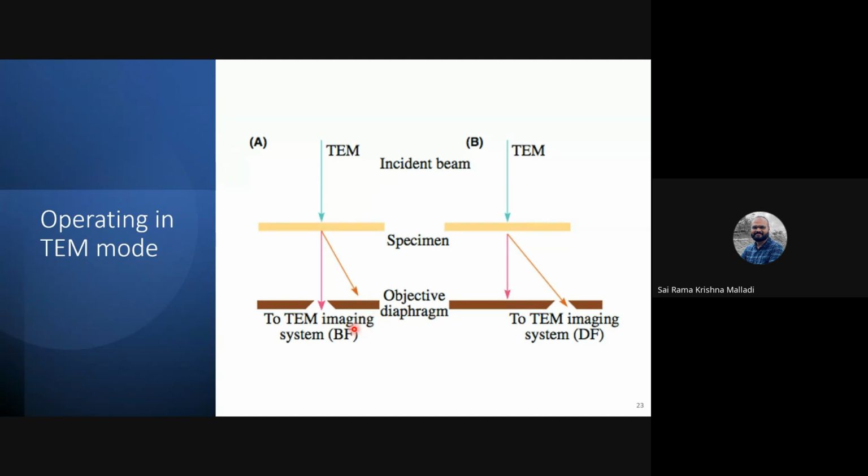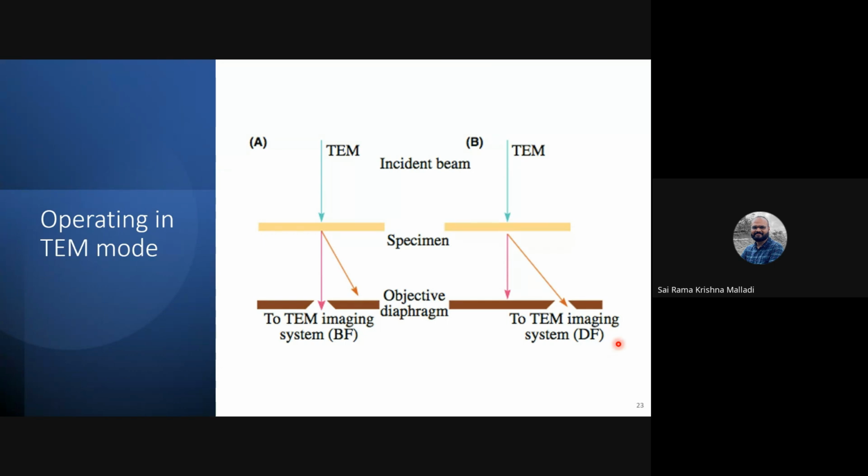If I'm collecting the signal from this particular direct beam and recording the information on a bright background, I get what is called a bright field image. This concept will become a little clearer with the next slide when I show an example. But when I record an image from a slightly deviated beam which is scattered at a certain angle, I get what is called a dark field image.